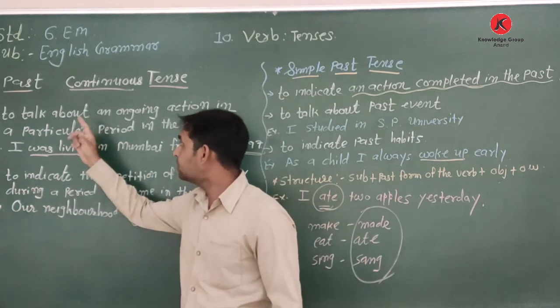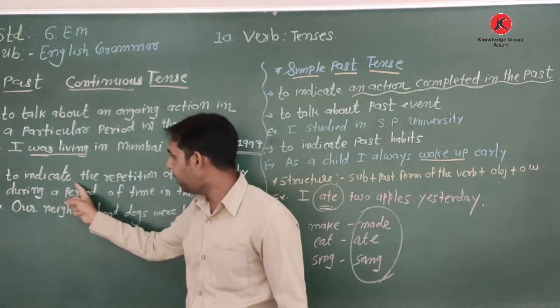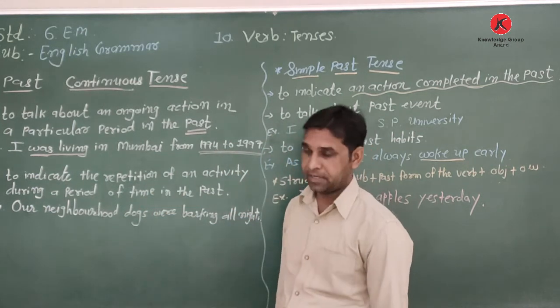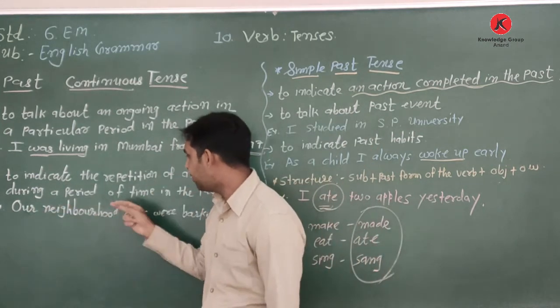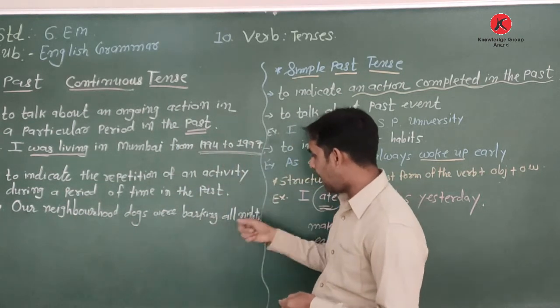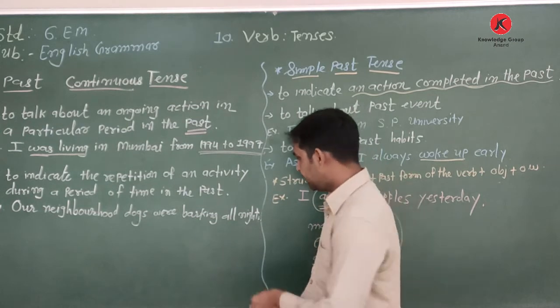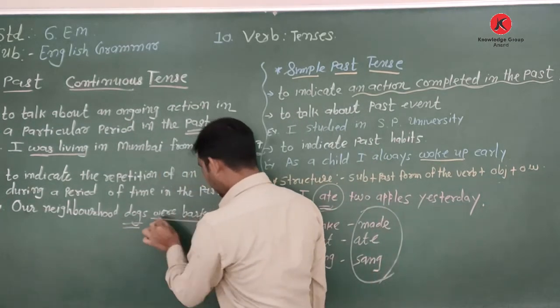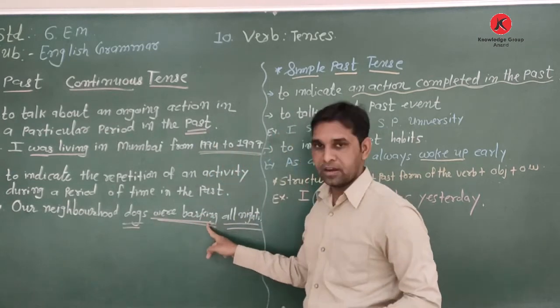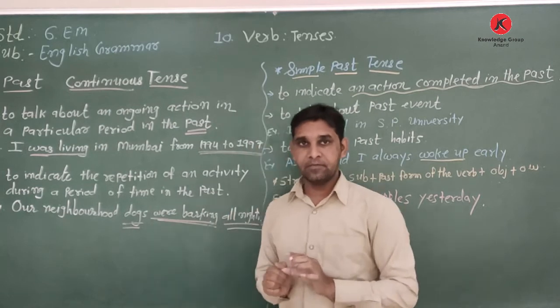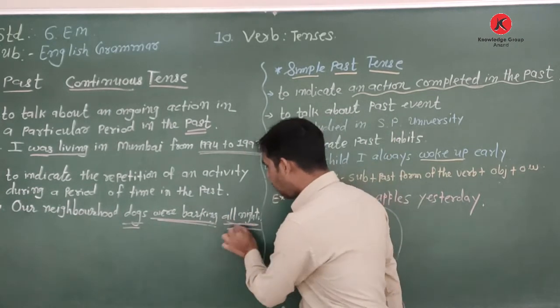Second, the past continuous tense is used to indicate the repetition of an activity. Look here. During a period of time in the past, our neighborhood dogs were barking all night. All night. What? Neighbor dogs. What? Were barking. This action was continuing in the past, all night.